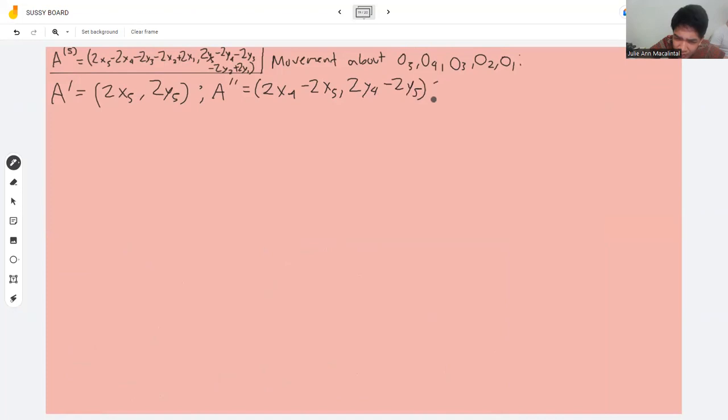I will not repeat what I did earlier because it will take too much time and space. So the final, by just predicting what happened earlier, by replacing 1 with 5, and 4 with 2, 3 stays the same, 2 becomes 4, and then 1 becomes 5.